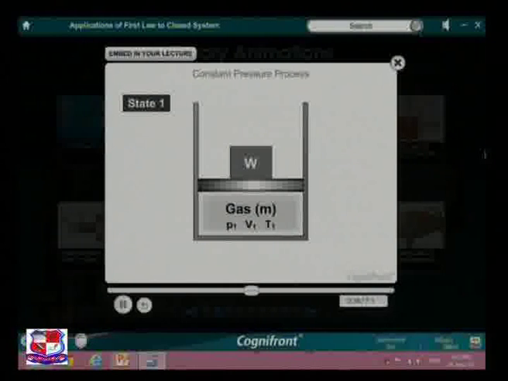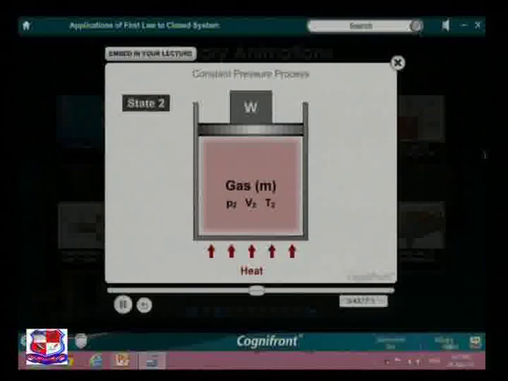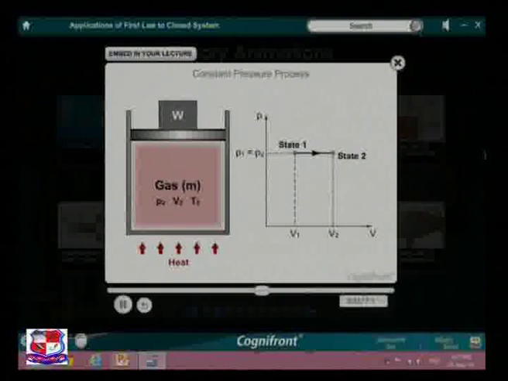Here, in this process, the pressure is kept constant and heat is applied. Final state of the system is P2, V2 and T2. Observe the PV diagram. It shows the pressure P1 and P2 are equal.